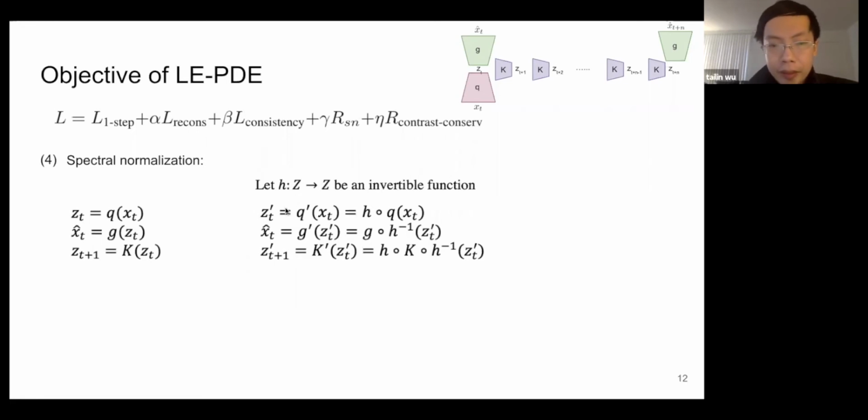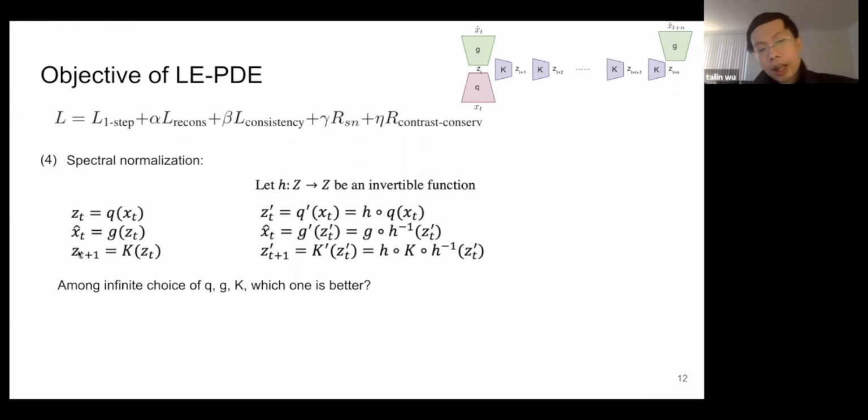Then we can operate this h on the encoder and operate the inverse of h on the decoder. And then this new q prime, g prime, and k prime is still a valid operator that achieves the same result as the original one. So among many infinite tries of this q, g, and k, which one is better?